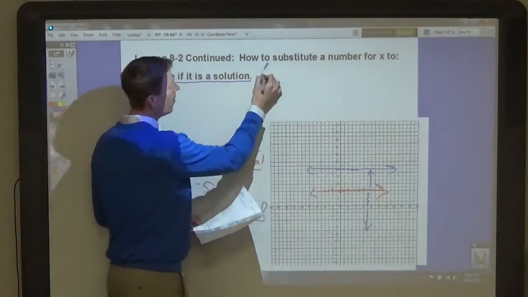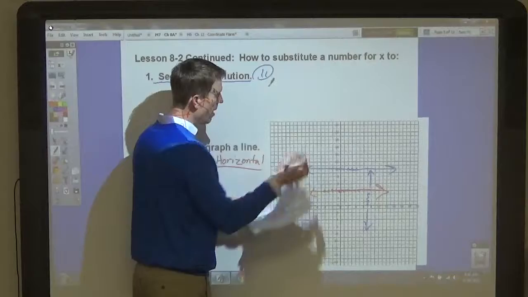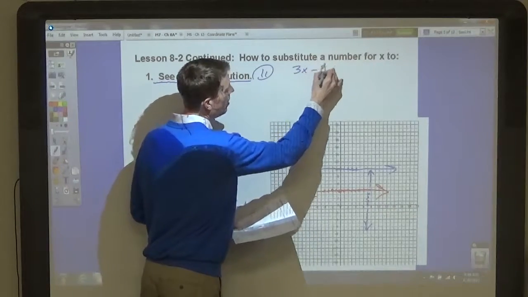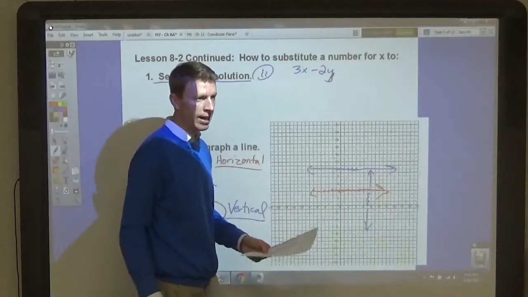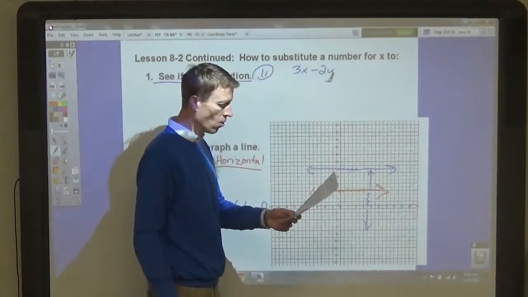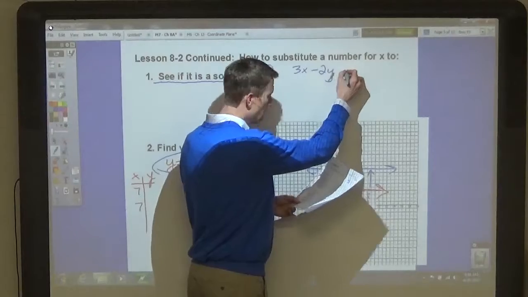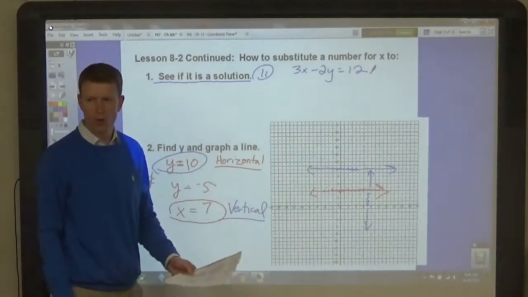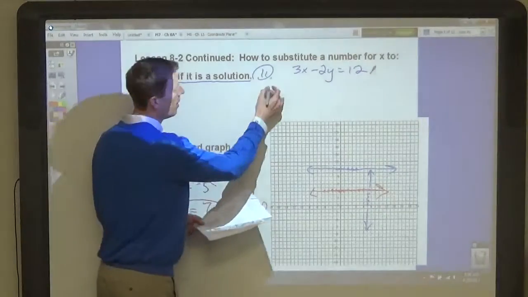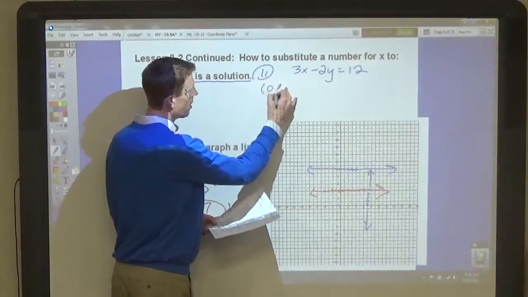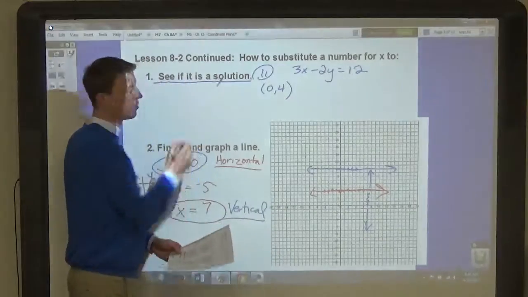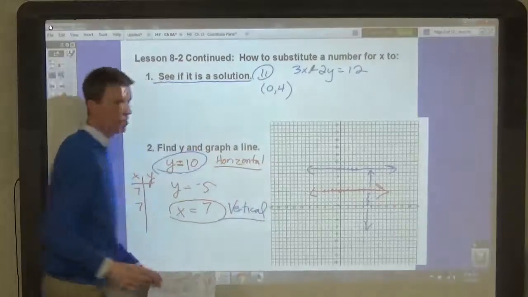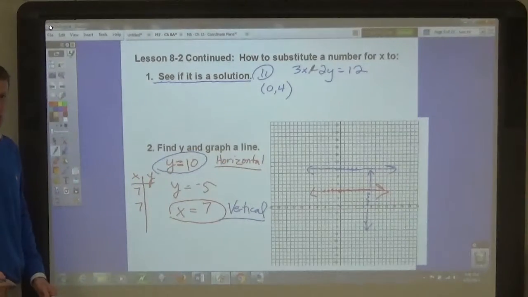So, in number 11, it gives you an equation. What you need to do is first solve it for y, or you can just put in the numbers. Sometimes it's helpful to solve for y, and sometimes you don't really need to. But they give you, is this point (0, 4) a solution? What you would do is put in both of the numbers to see if it makes a true equation.